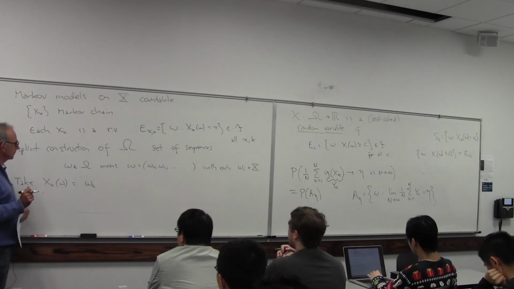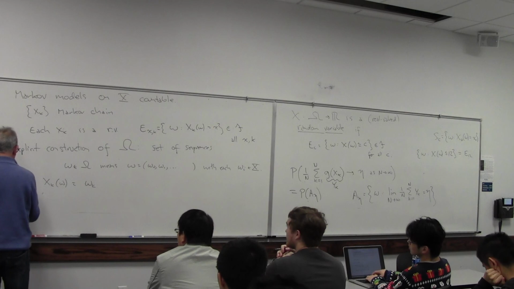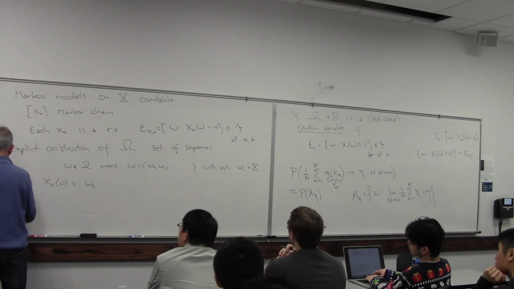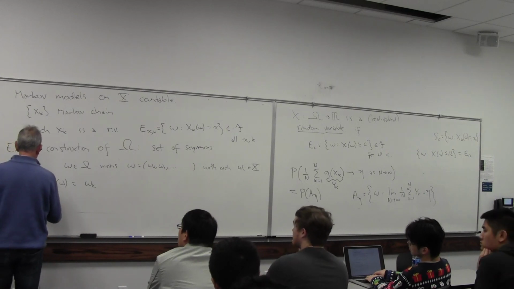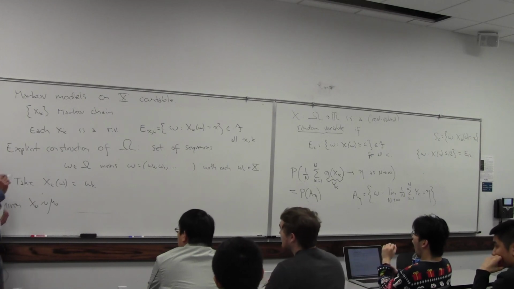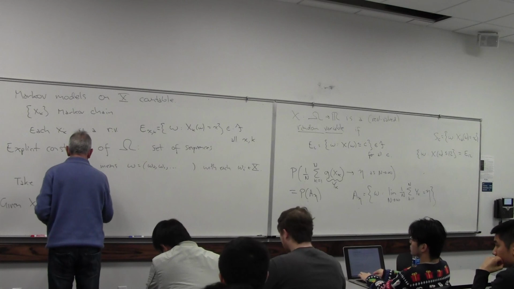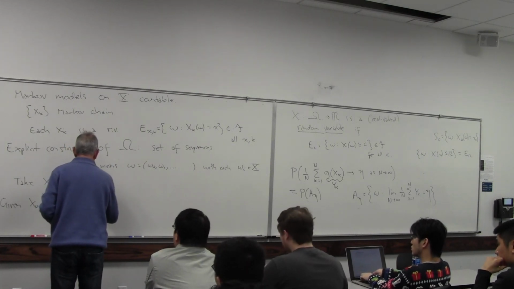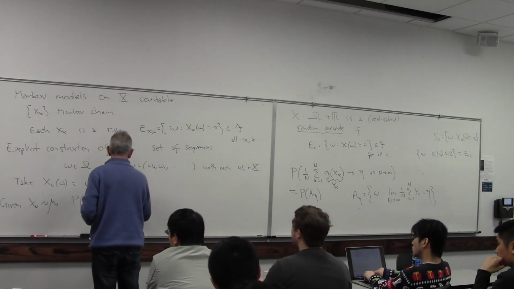And then, for example, if I'm given that X0 is distributed according to some mu0, some probability mass function, I can look at the probability that X0 equals little x0, X1 equals little x1.